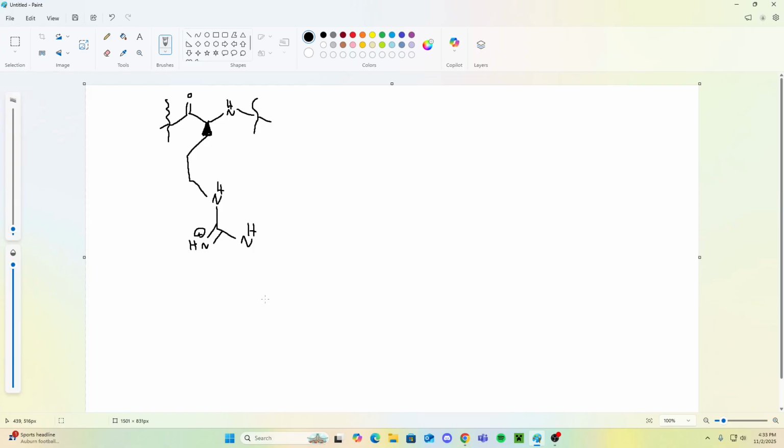And then let's show the base pair of the guanine interacting with this arginine.